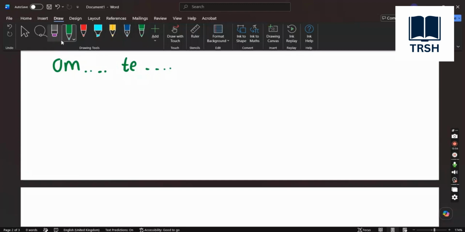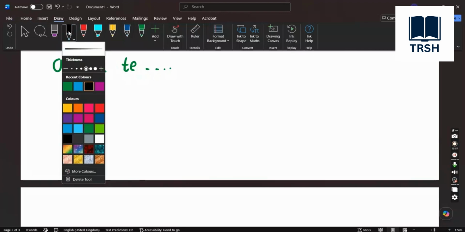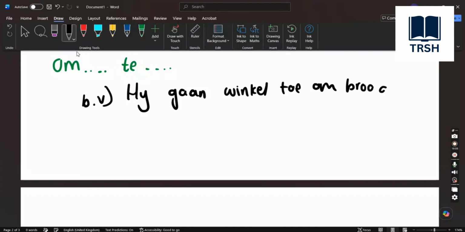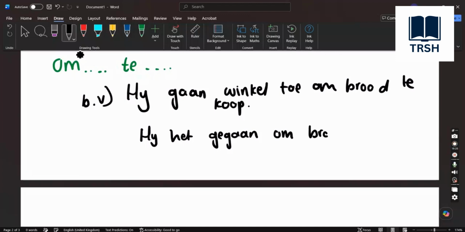Anyway, so let's look at another example. Let me write down an example this time. So bijvoorbeeld, maybe we have hy gaan winkel toe om brood te koop. So he's going to the shop to buy bread. Okay. Hy gaan winkel toe om brood te koop. When we have to write this in past tense, we're going to say hy het gegaan om brood te koop.